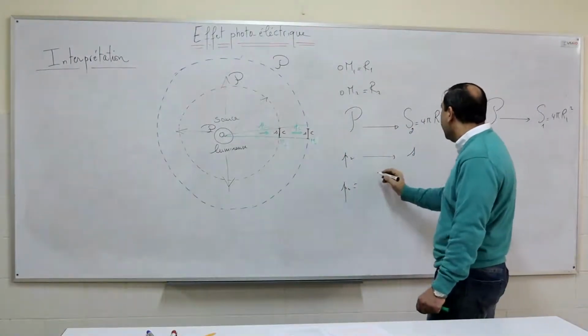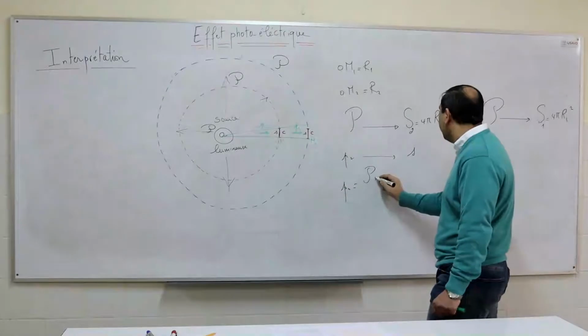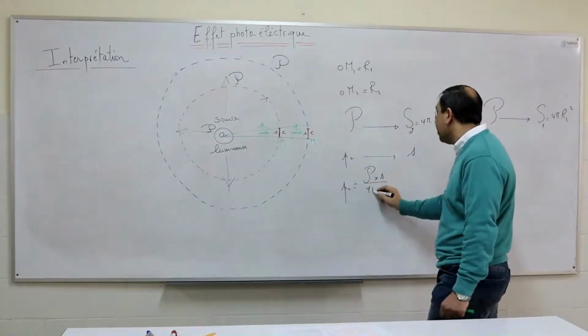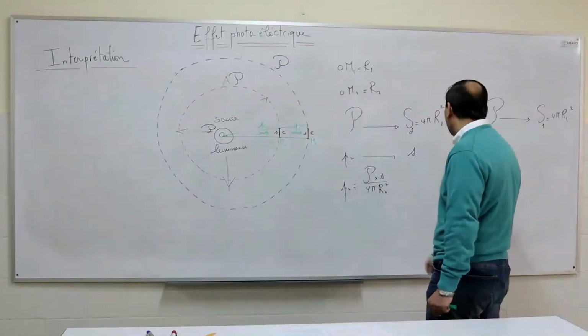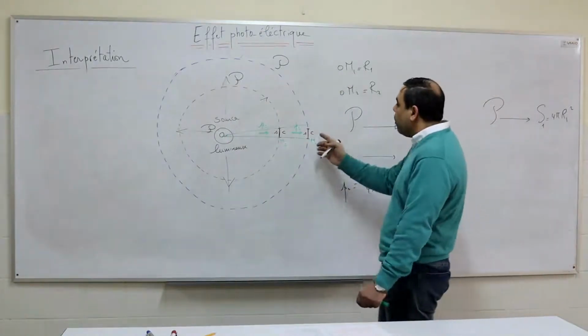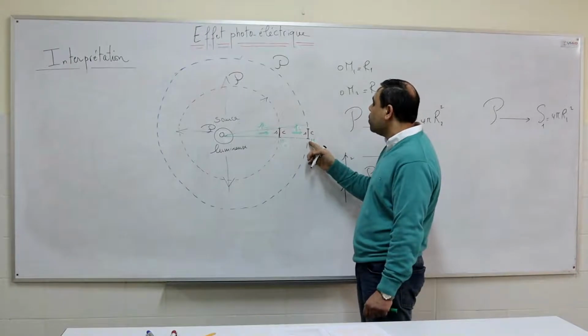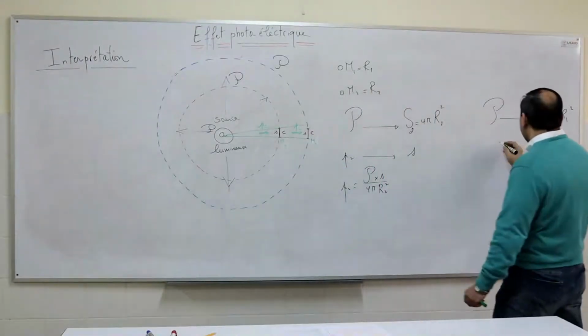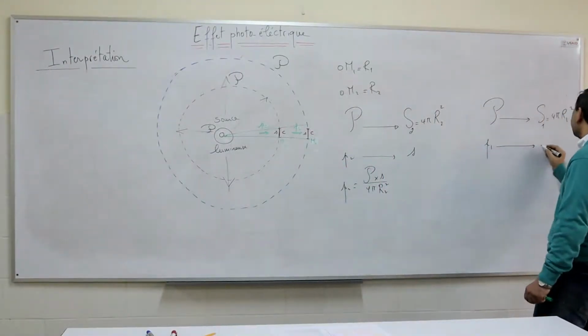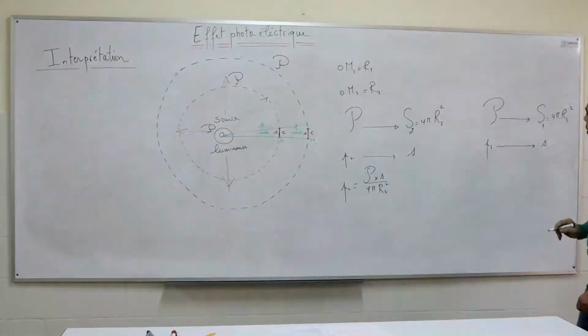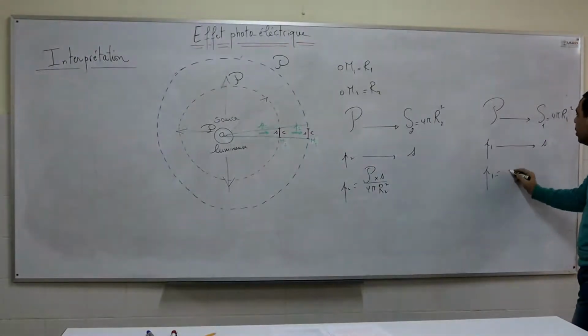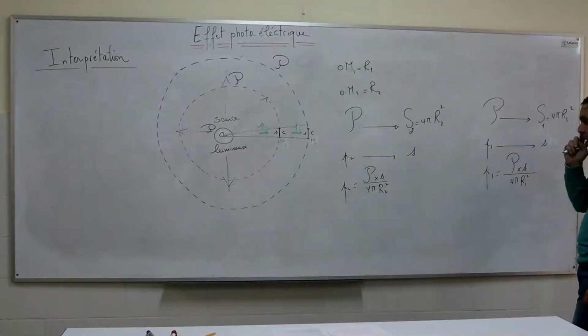Then in this case, p2 is equal to the power of the source multiplied by S, the area of the cathode, over 4 pi R2 squared. The power that reaches the cathode in the other position will be lowercase p1. p1 corresponds to a surface area S. So p1 equals the power of the source multiplied by the area of the cathode over 4 pi R1 squared.